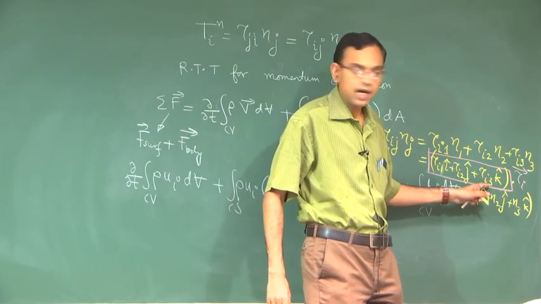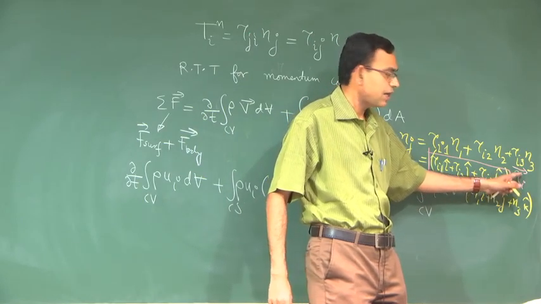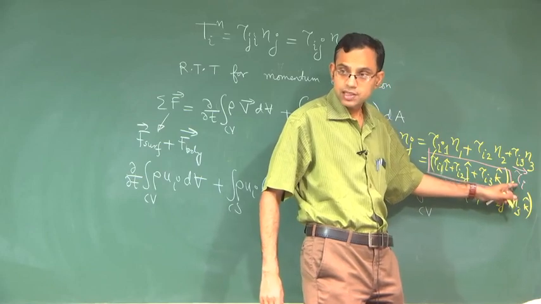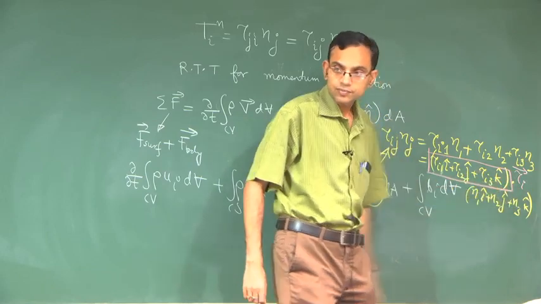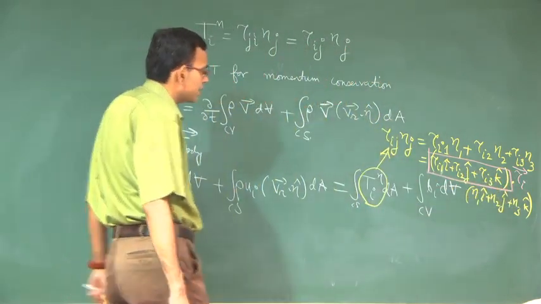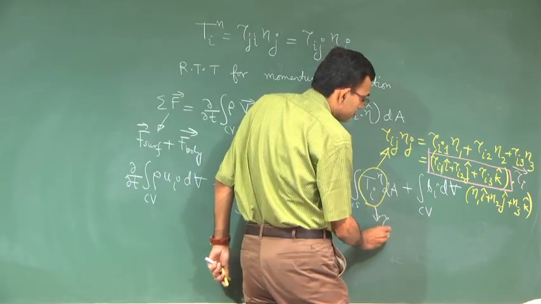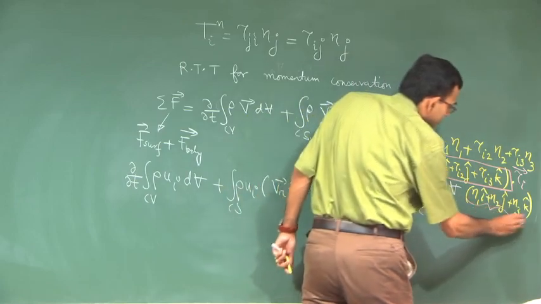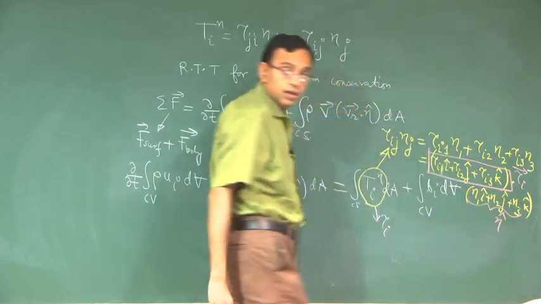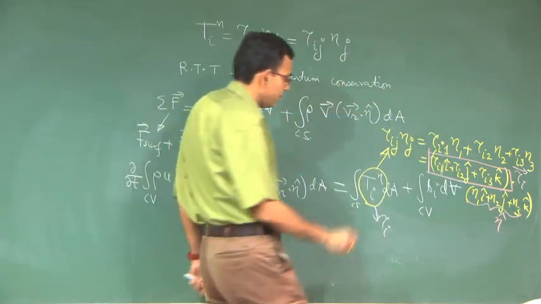Index in the vector is i. So we are just giving it a name tau i with a vector. This is different from the stress tensor. So this we can write, and this is nothing but the unit outward normal vector.